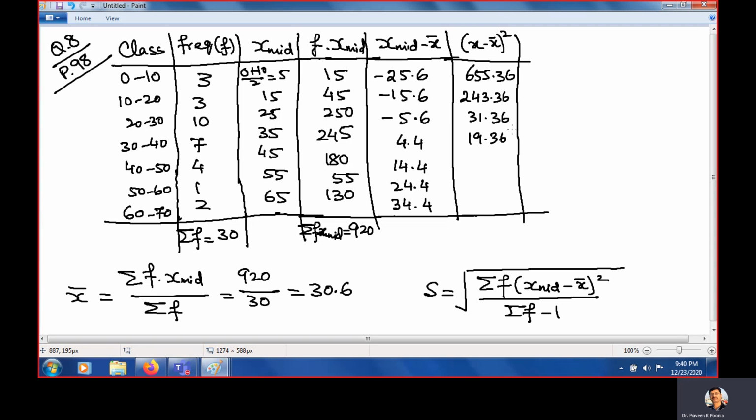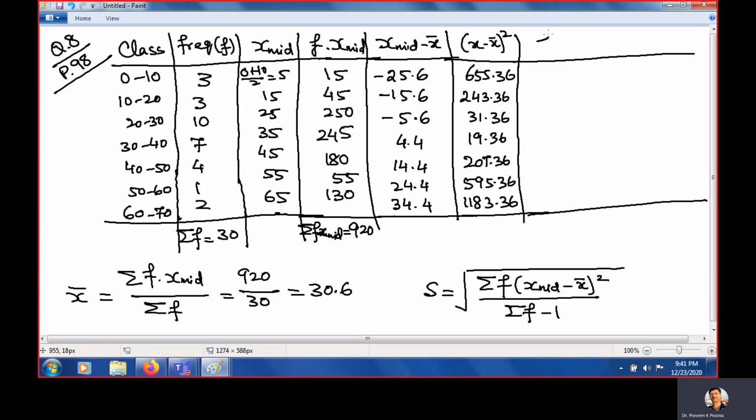Then 14.4 whole square is 207.36. 24.4 whole square is 595.36. And then 34.4 whole square is 1183.36.